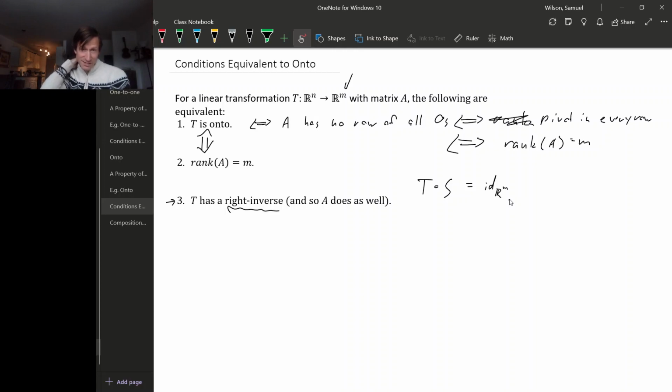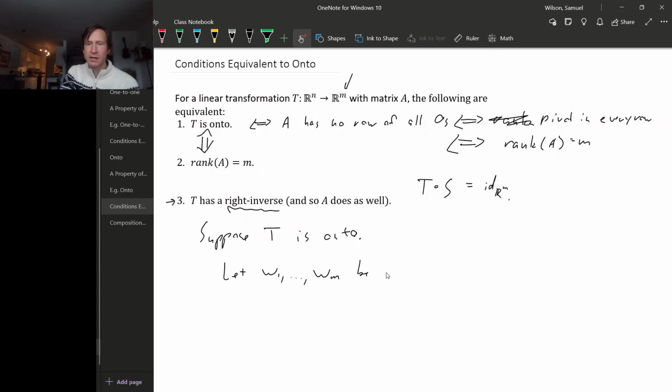Okay, so let's suppose T is onto, and let's find a right inverse for T. Let W1 up through Wm be a basis for Rm. It could be the standard basis, but actually it could be any basis at all.